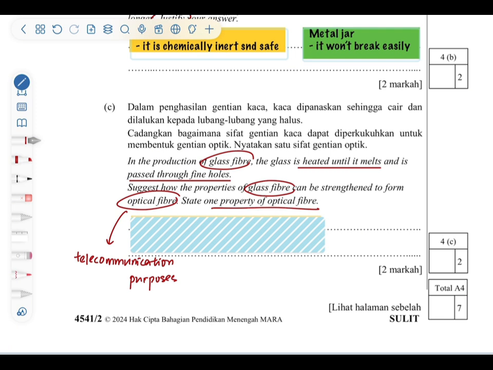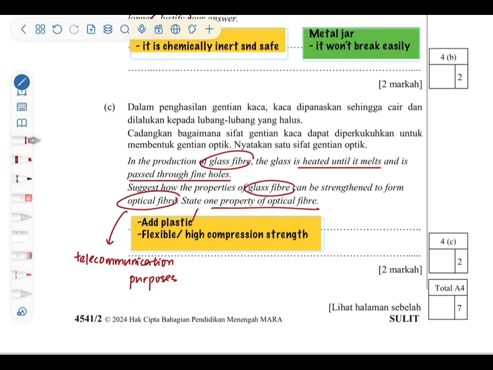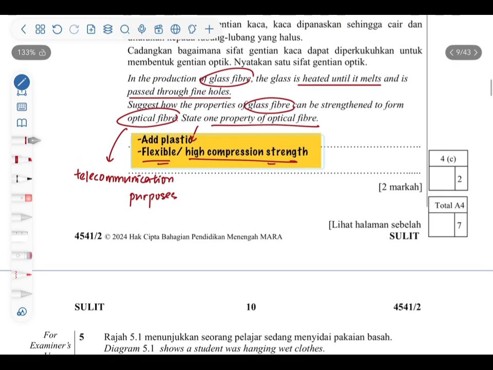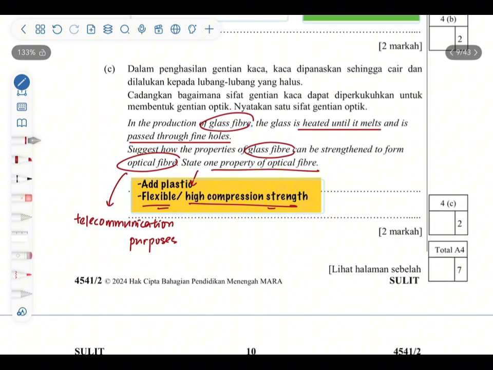To make optical fiber, you add plastic. The properties of the optical fiber are that it is flexible and has high compression strength. This optical fiber can also be found in the wire of the telephone commonly used in the living room at your home. So these are the properties of optical fibers.